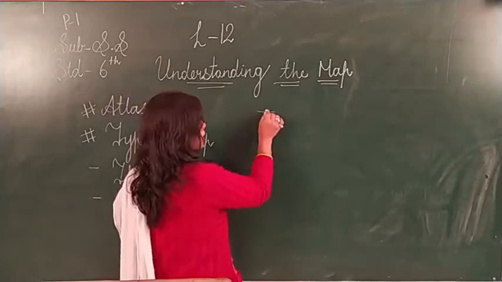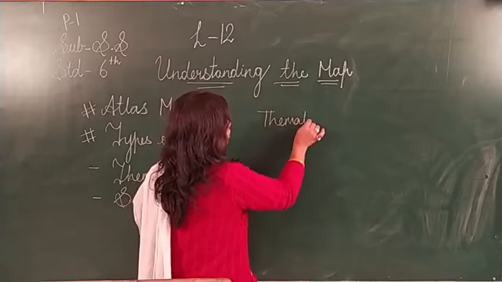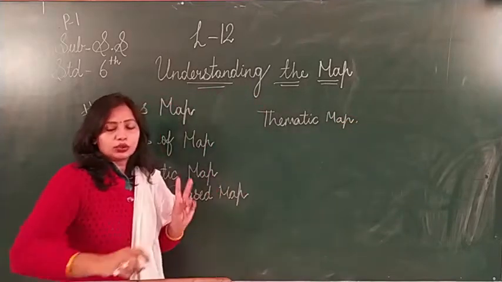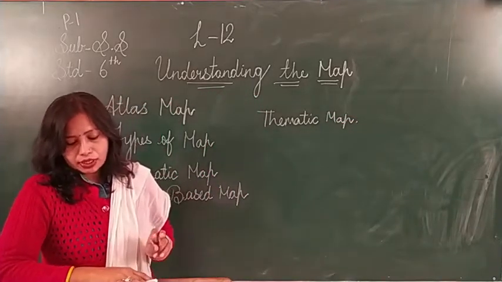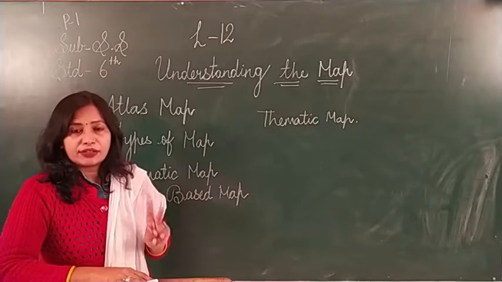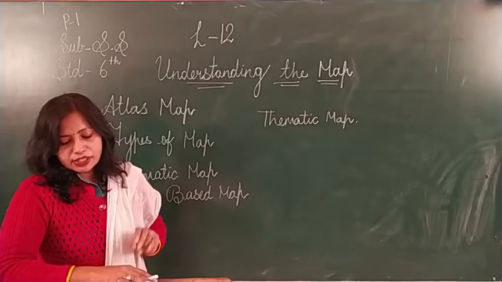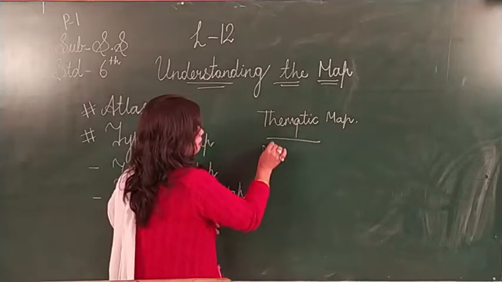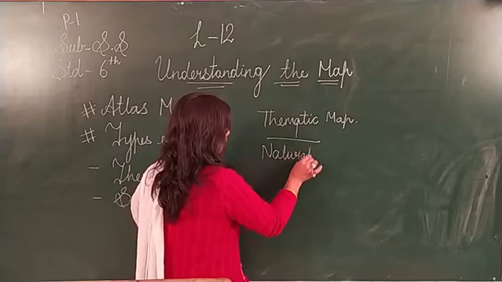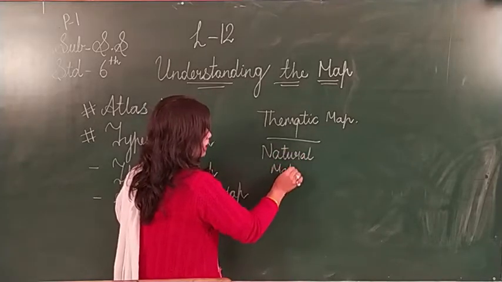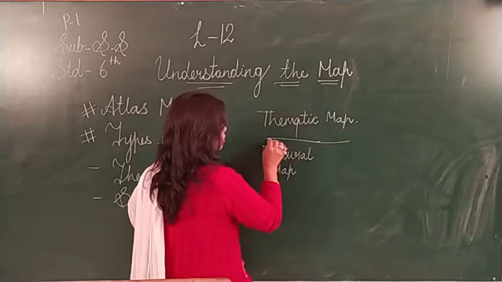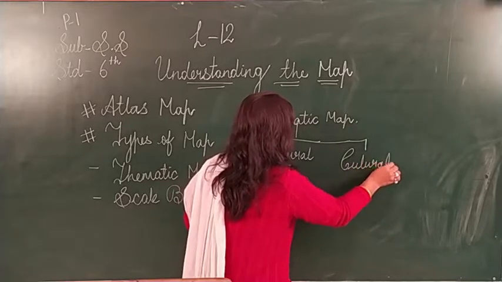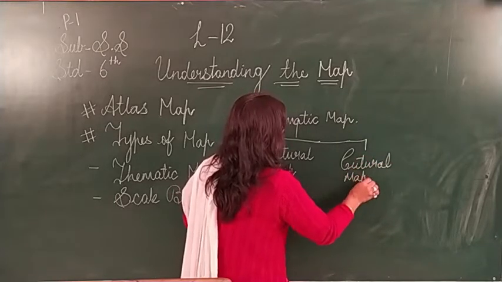So remember that in thematic map there are two types of maps. It is categorized in two main sections: one is natural map and the other is cultural map.